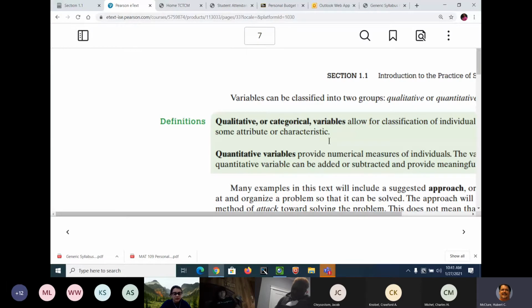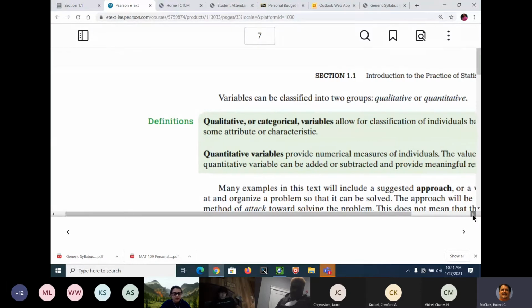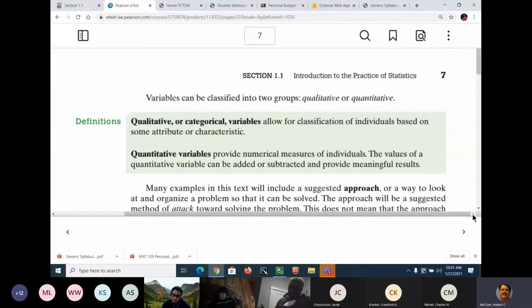Oh, yeah. This right here you will be tested on, so write it down. Quality, not what? What's the rule? Quality, not quantity. Qualitative: blondes, brunettes, redheads. Write that down. What are blondes, brunettes, and redheads?